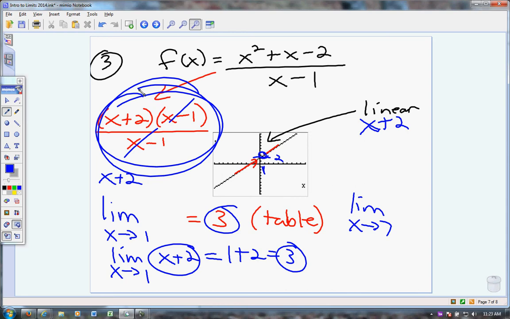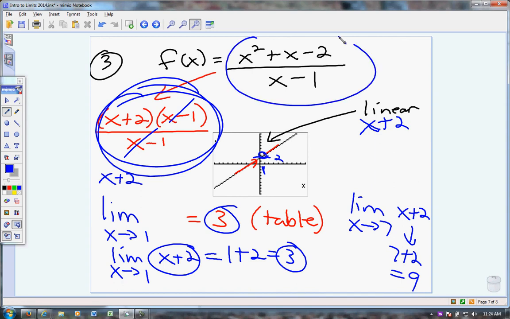Much easier. I'm going to work with x plus 2, so it's going to be 7 plus 2, which is 9. But I don't have to worry about that 1. What I'm getting at is I could have worked with the original function the way it is, and I still would have got 9.